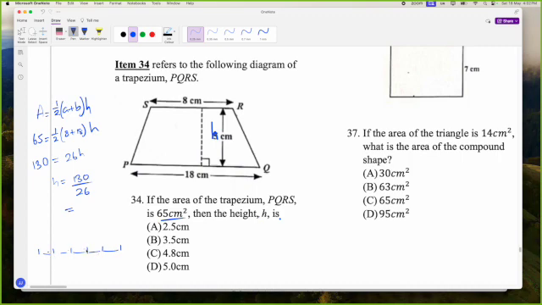So 5 25s give me 125. Now if I had 26, let me try 26 multiplied by 5. 6 5s are 30, I get a 0 at the end. And 5 2s are 10, 11, 12, 13. Yep, it is 5. You see how I use a visual way to reason it out?